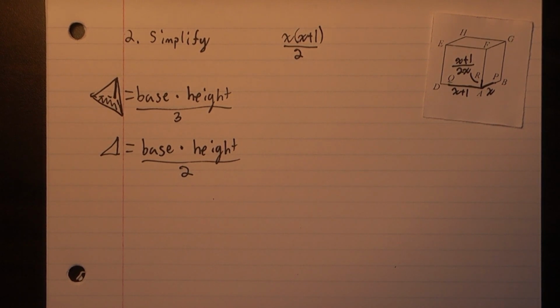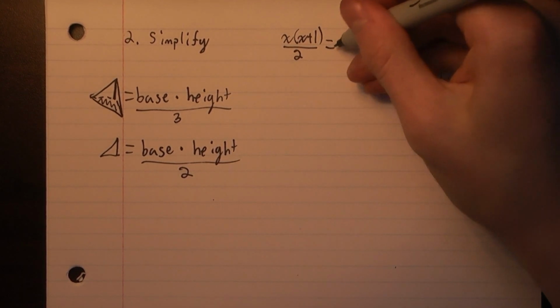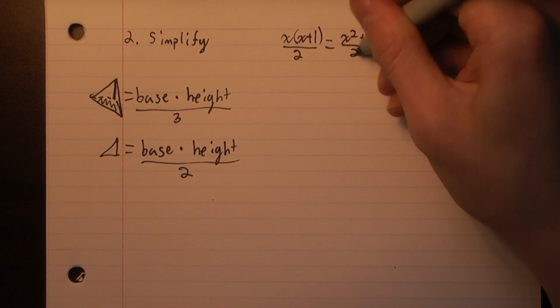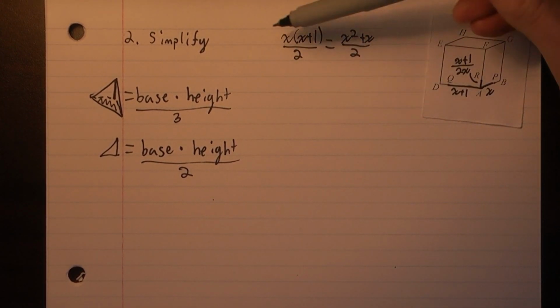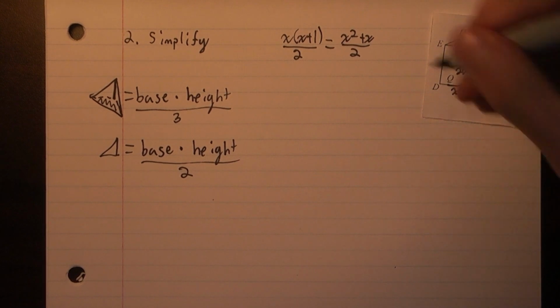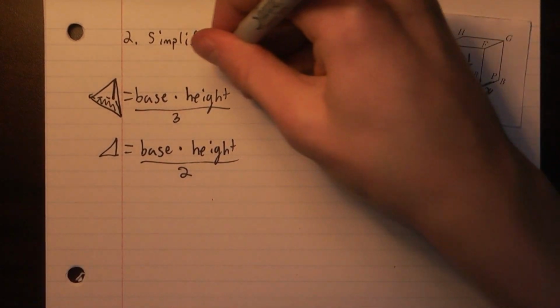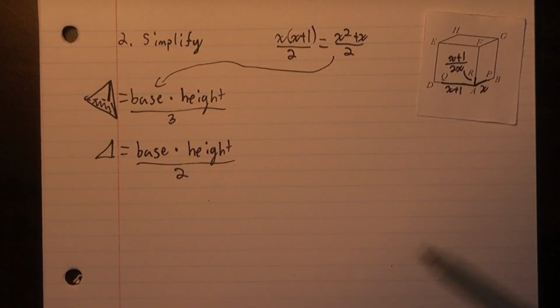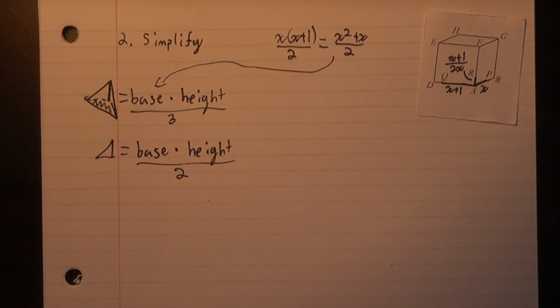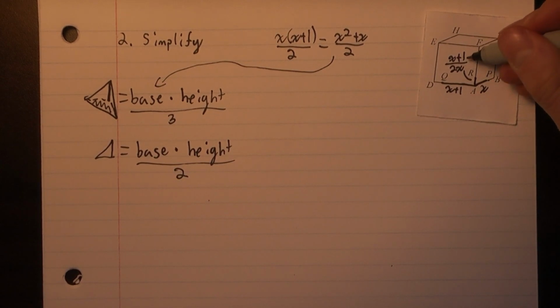This is the equation, but it can be simplified to this. Because x times x is x squared, and x times 1 is x. So this is the base of the triangular-based pyramid. Now the height is x plus 1 divided by 2x.